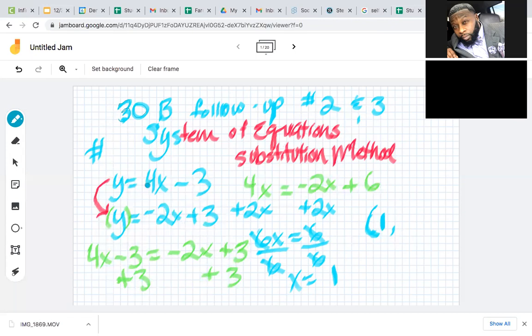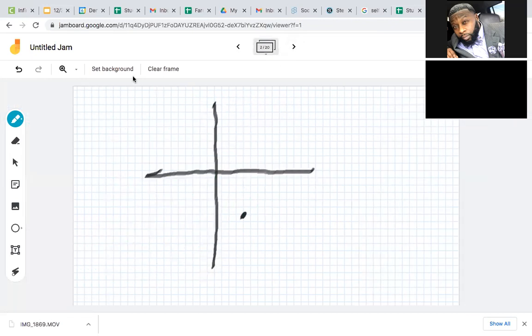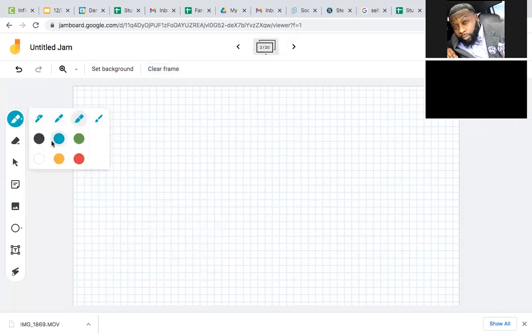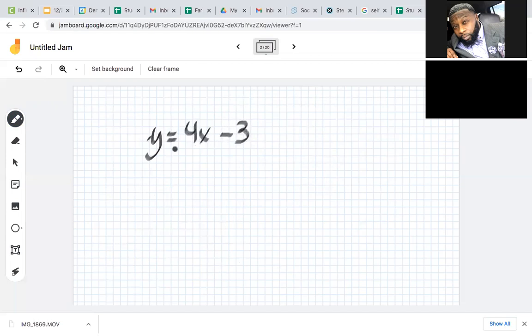We can now plug in X as 1. Right, you can plug in 4 times 1. Right, so give me the original equation. Y equals 4x minus 3, and y equals negative 2x plus 3.